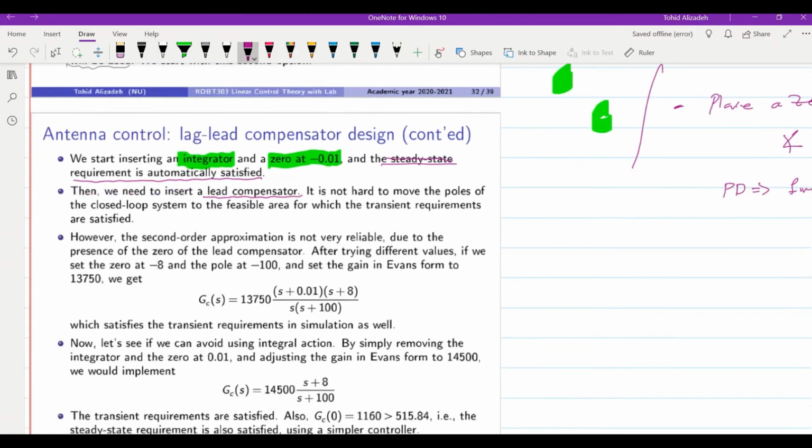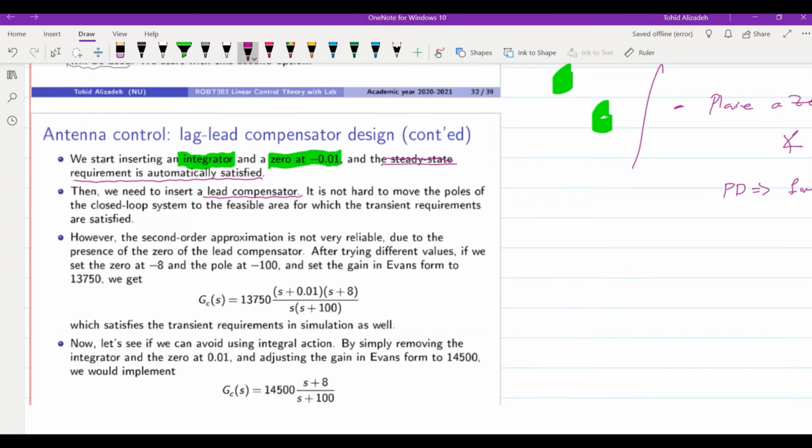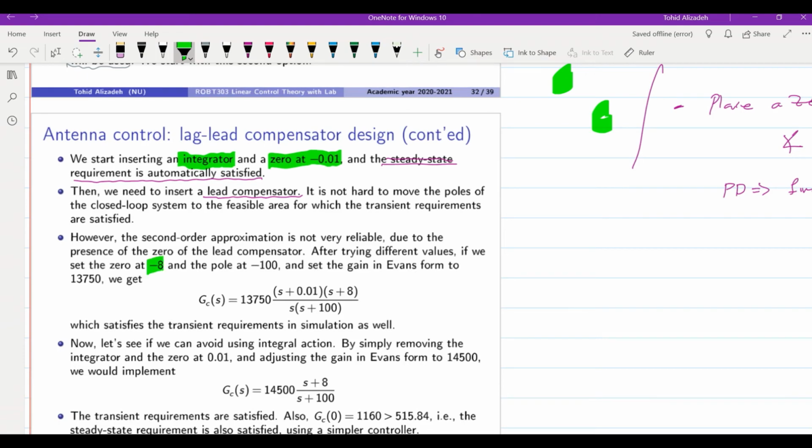You can try multiple different cases, and you should also keep in mind that there will not be a unique solution. You might end up with different solutions. One of them is shown here. We can place the 0 of the controller at -8 and then the pole of the controller at -100.